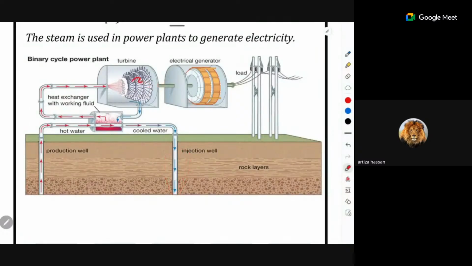So in this way, the water is not wasted; it is recycled. Did you see the recycling of the water? And our turbine is going to run the generator, and electricity is being produced. So this is the best method of producing electricity in those volcanic eruption areas.